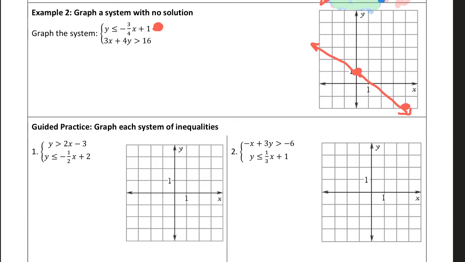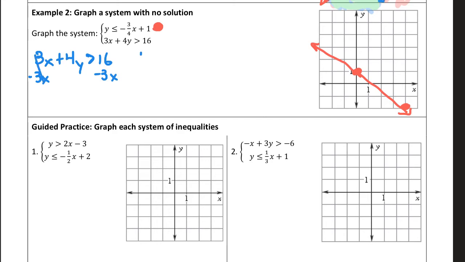For my other inequality, it's not in y equals mx plus b form. So I'm going to show you guys how to do that. So 3x plus 4y is greater than 16. It's only a couple steps to get this into y equals mx plus b form. First step, to solve for y, subtract 3x from both sides.